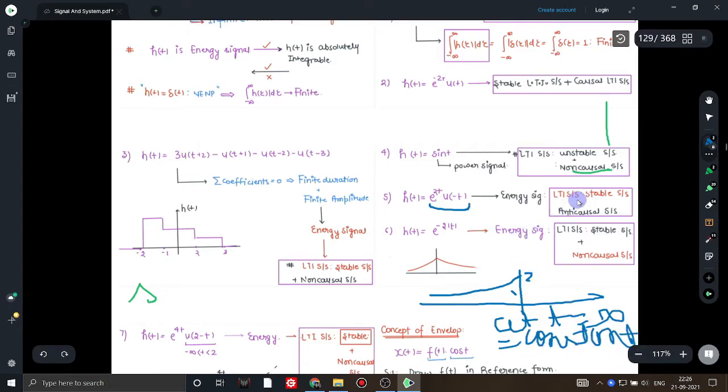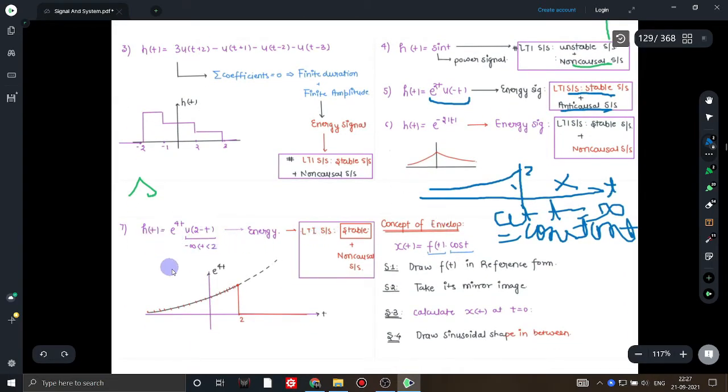Okay. So the LTI system is constant and it is anti-causal because, why? Because at t greater than 0, the function is 0. The only condition for an anti-causal system is that at t greater than 0, the function should be 0.